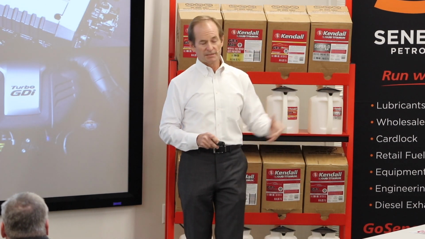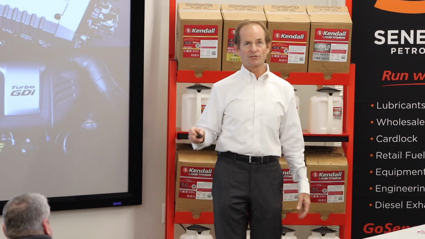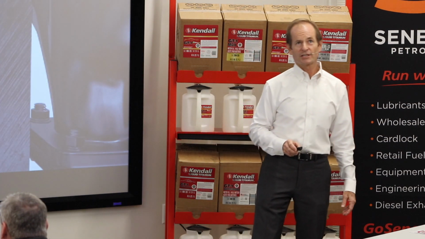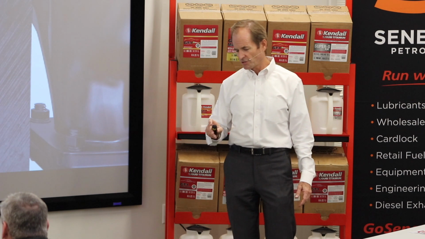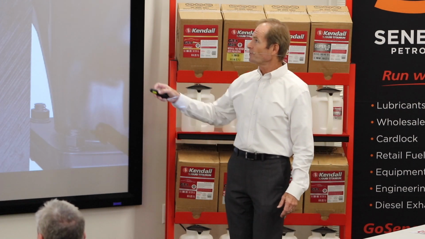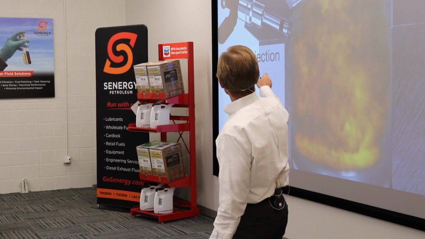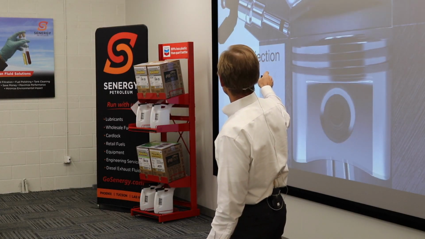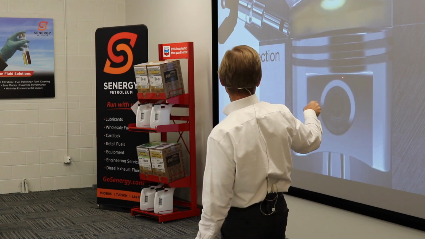And so Tim managed to find us a very nice graphic on how direct injection works. As those of you who have enough gray would remember, there was a time when your fuel-air mixture would get mixed up in a carburetor up here. So you'd have air-fuel that came into the intake.